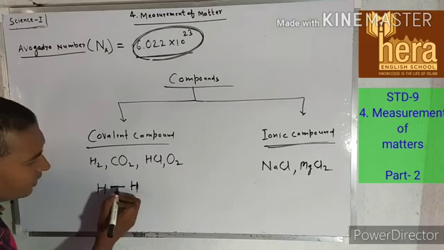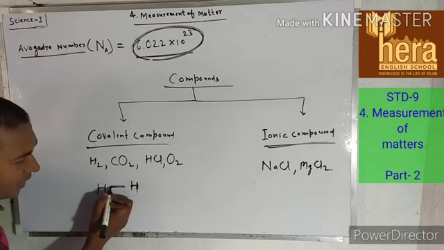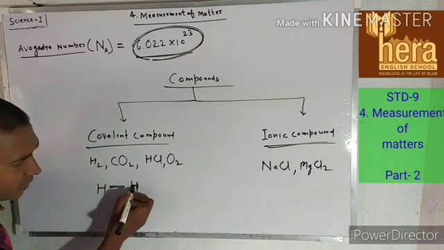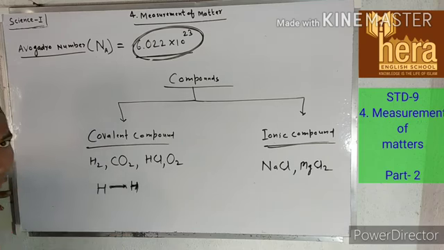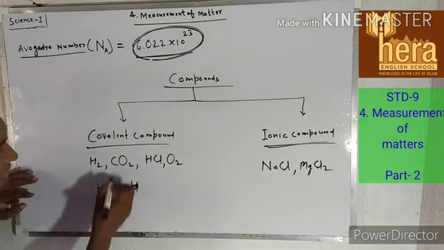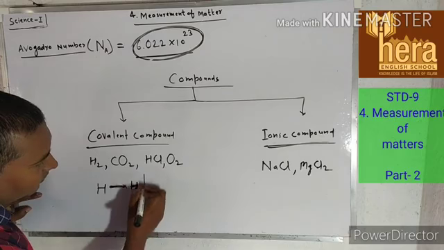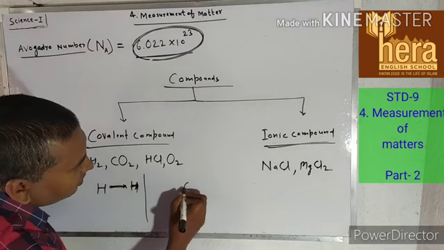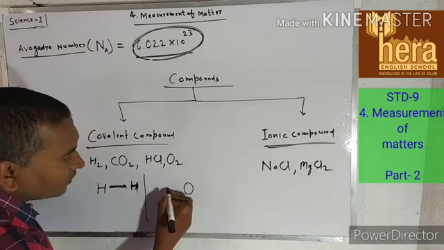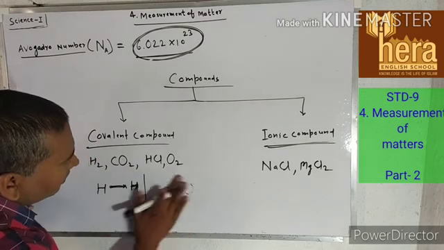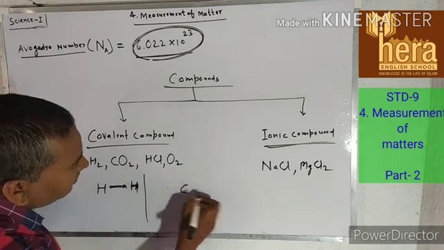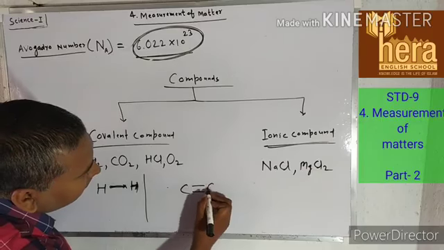Actually in this single bond, one electron of this hydrogen atom and one electron of the other hydrogen atom are involved, so there is a sharing of electrons. CO2: here is one carbon atom and two oxygen atoms.